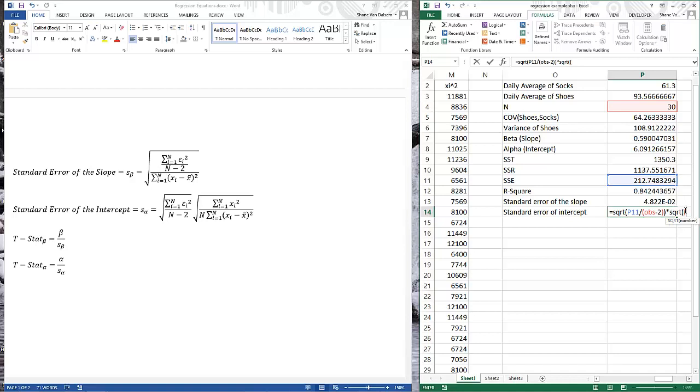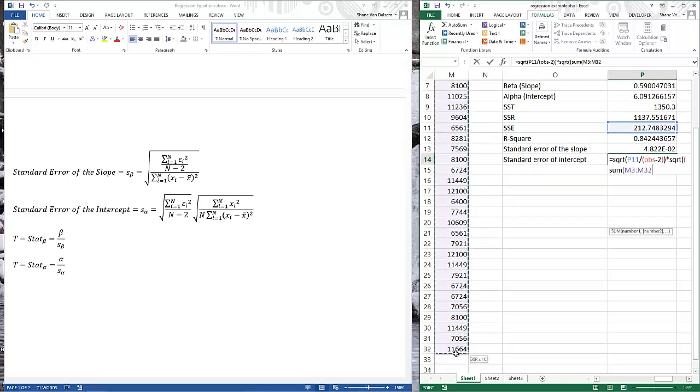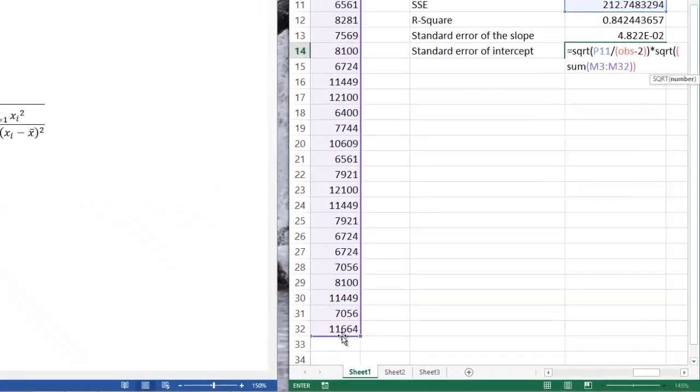The first parentheses is to capture everything we're doing within that square root. The second one is to define the numerator. So I'm going to take the sum of all my xi squared, and I'll put a closed parentheses there, and then a second closed parentheses, so that's the numerator.